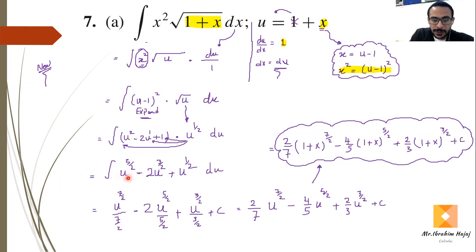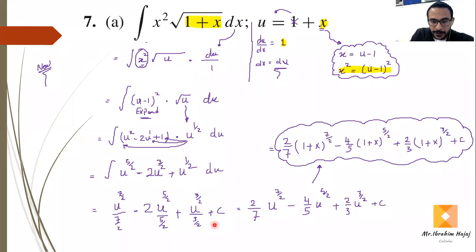Then integrate. To integrate, we add 1 to the exponent and divide by the new exponent. Adding 1 to 5 over 2 gives 7 over 2, divided by 7 over 2, the new exponent. Then 3 over 2 plus 1 gives 5 over 2, and so on.